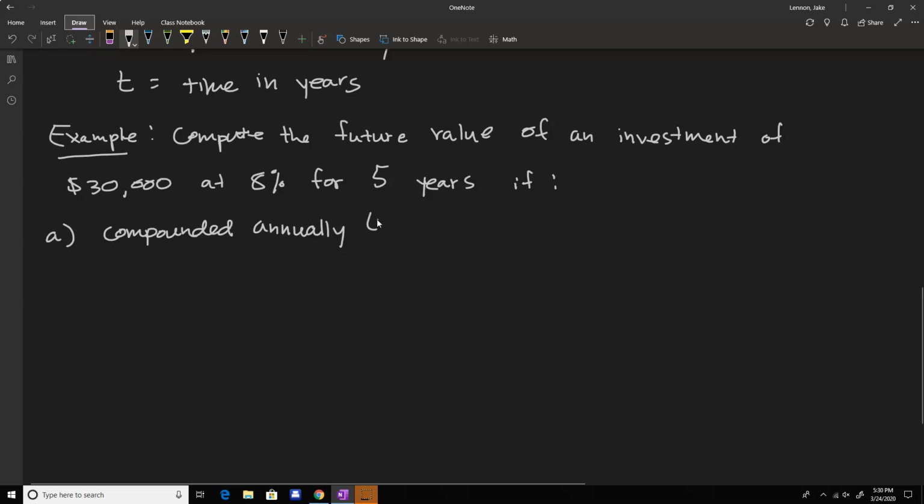For us, that would just mean n is equal to 1. If we plug that into the first formula, we would get A equals 30,000 times 1 plus 0.08 raised to the 5 times 1, which comes out to $44,079.84.